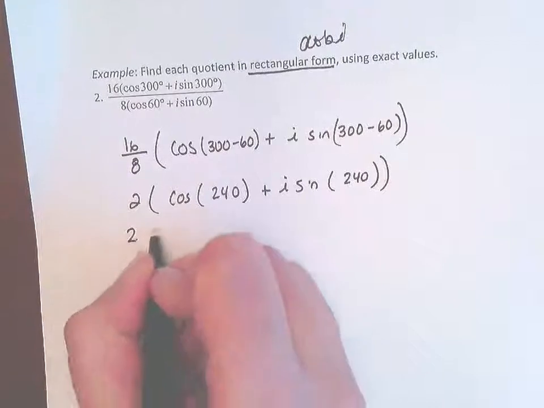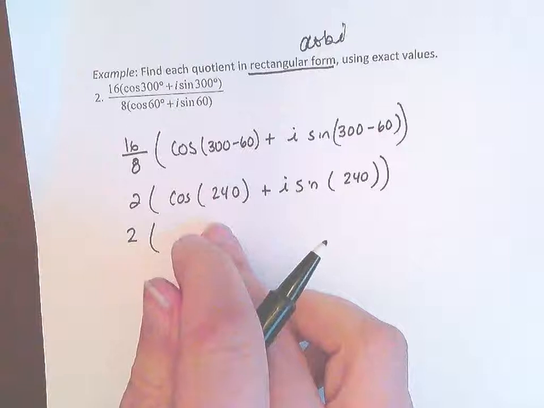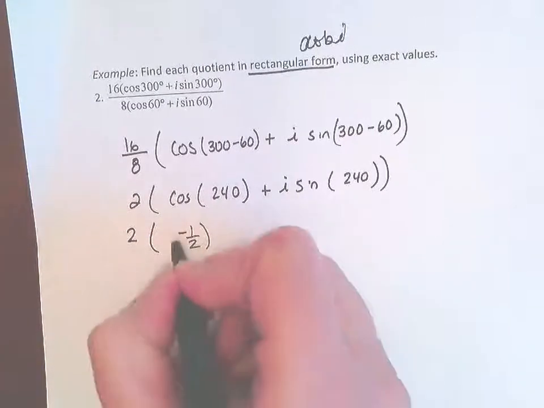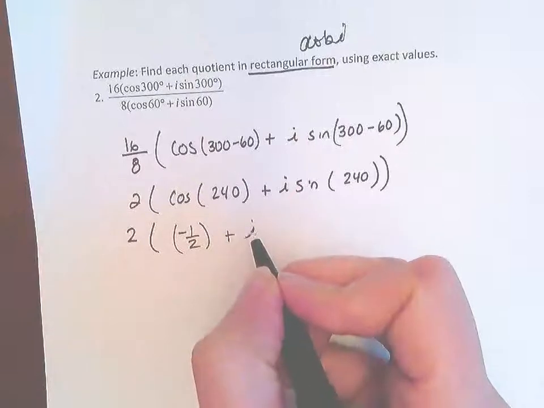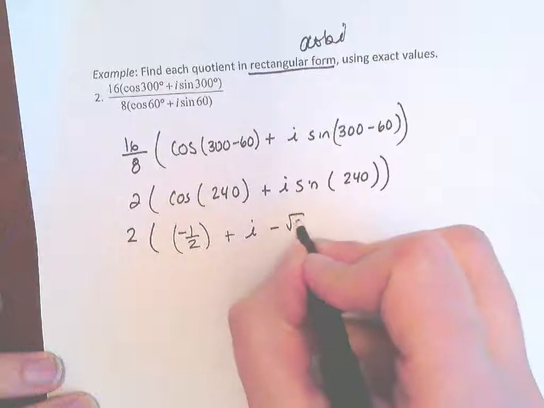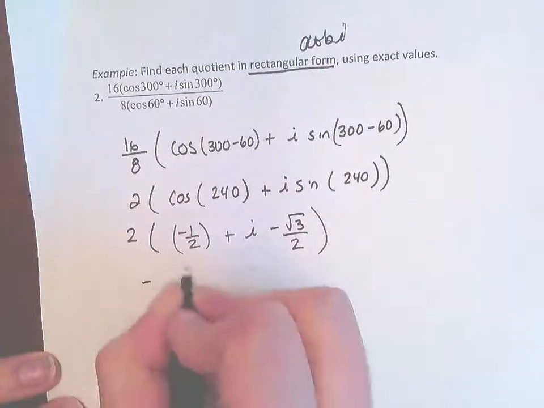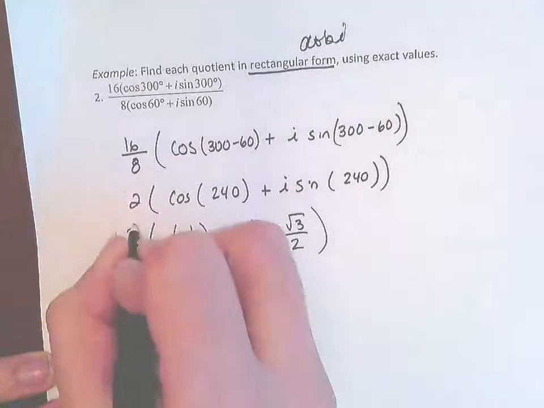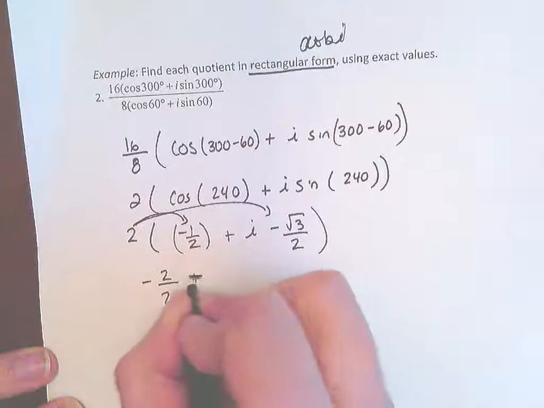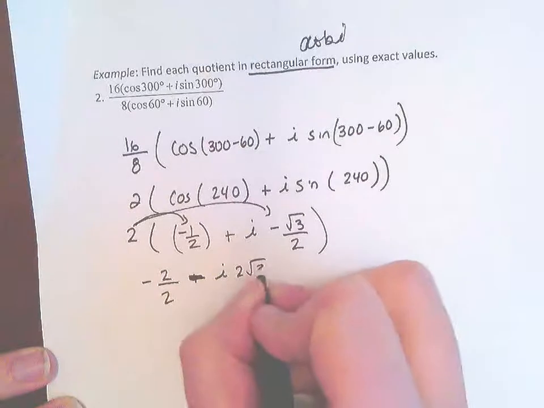And so now 2, okay, cosine of 240 is negative 1/2 plus I sine of 240 is negative square root of 3 over 2. So this becomes negative 2 over 2, because I'm distributing, minus I 2 square root of 3 over 2.